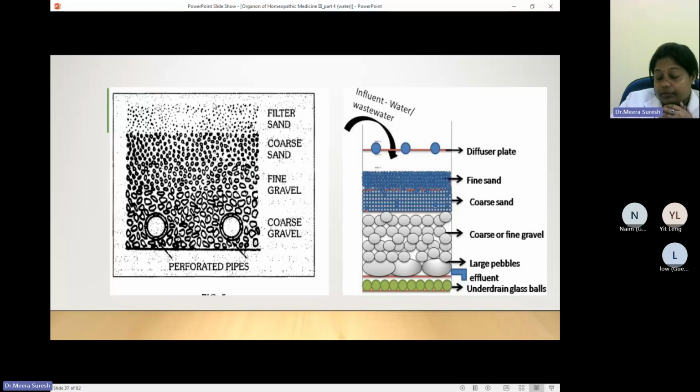So when the water is coming from the supernatant layer, it goes through different layers, and when it passes through them, some of the impurities, the suspended materials, the bacteria, everything is getting filtered in different layers, and then finally the water that comes out from the under drainage system will be very efficient. Here also you can see the different sizes of the gravel that is being used in the under drainage.